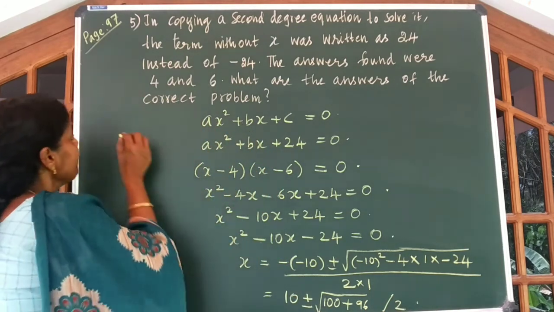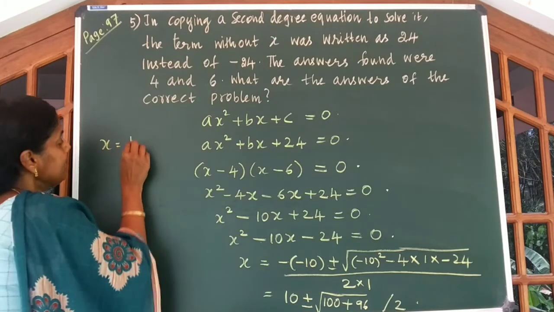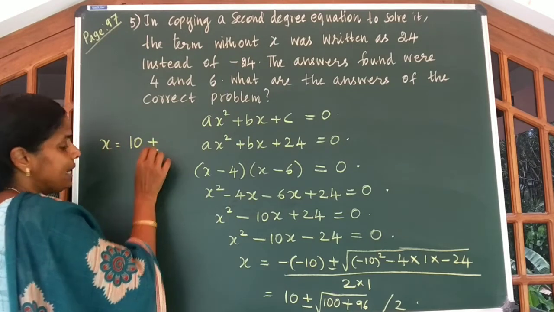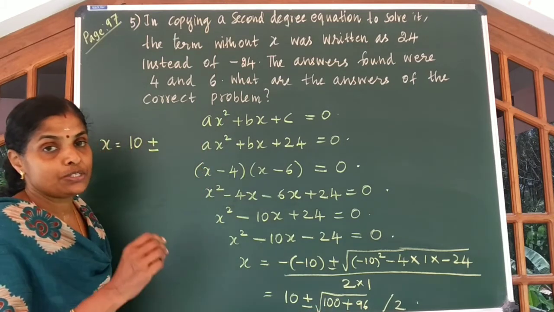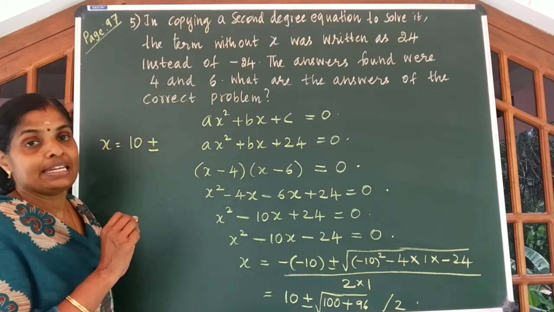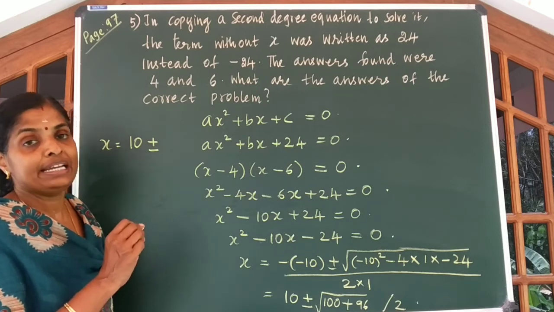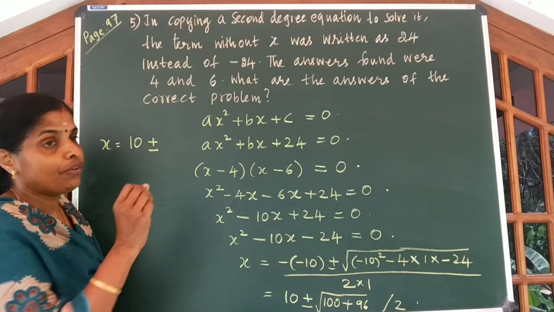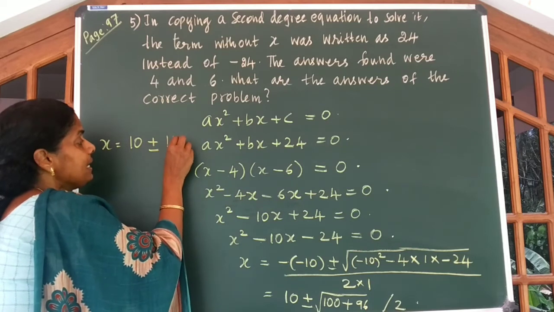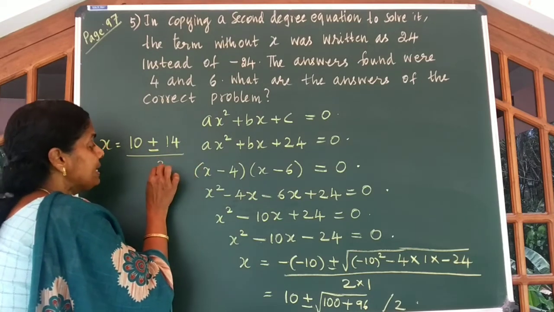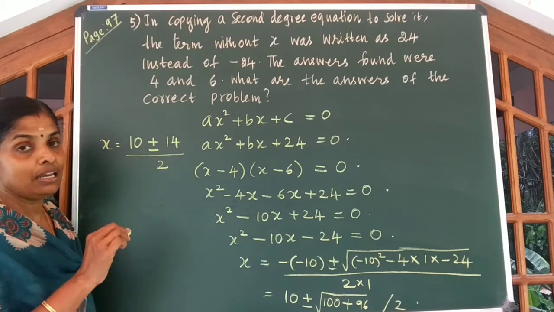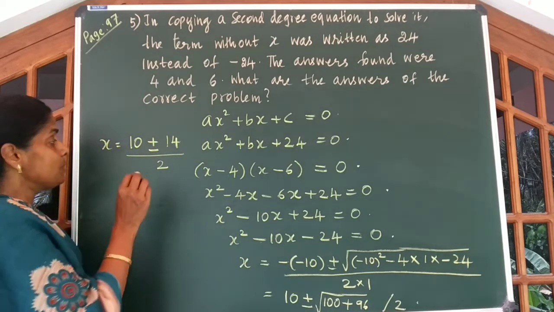That is x is equal to 10 plus or minus root of 100 plus 96 gives you 196. Square root of 196 is 14. So you get 10 plus or minus 14 whole thing divided by 2. So here again we get two solutions.